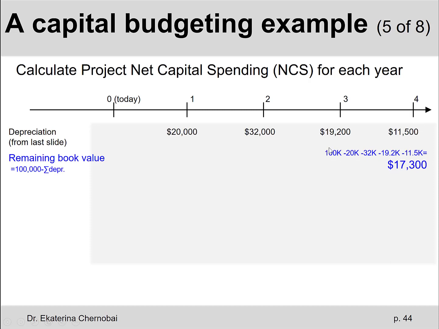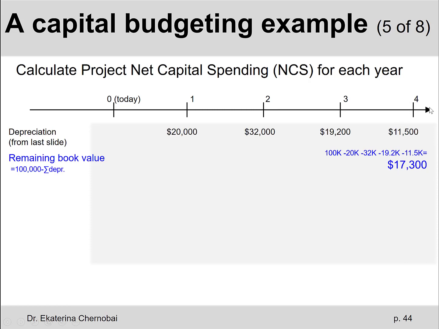So $100,000 minus $20,000 in depreciation in the first year, minus $32,000 in depreciation in the second year, minus $19,200 in depreciation in the third year, and minus $11,500 in depreciation in the fourth year, gives $17,300.